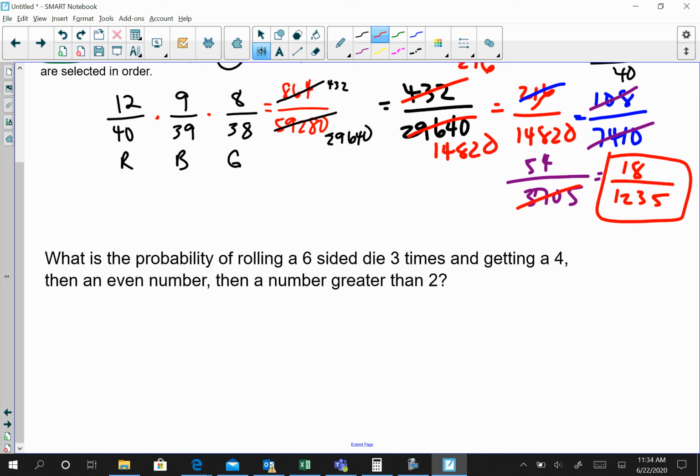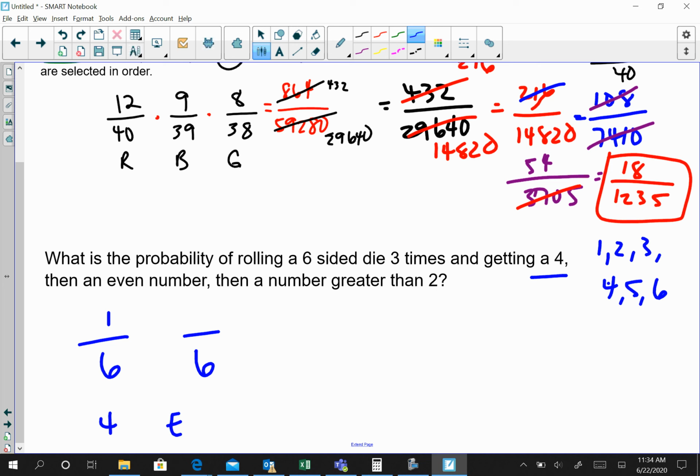So what is the chance that I get a 4 on a 6-sided die? Well, that's a 1 out of 6 chance. There are 6 numbers. 1, 2, 3, 4, 5, 6. What's the chance that there's a 4? 1 and 4. And then out of those 6 numbers, what's the chance that there's an even?